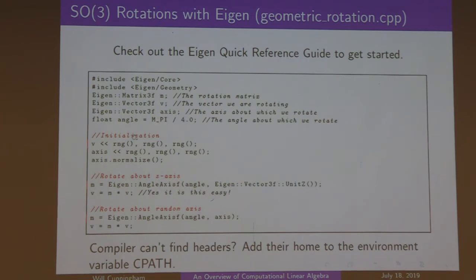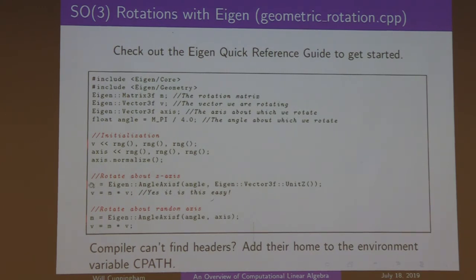You declare an angle. For initialization, it's super easy. You use this double chevron here, and it just puts it right in. And then you can do things like the normalize function, and it will normalize your vector for you. For rotating about the z-axis, for instance, it's as simple as this. You just declare this function here, and then you do your matrix.